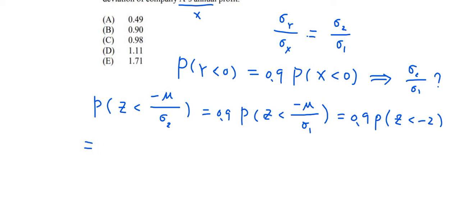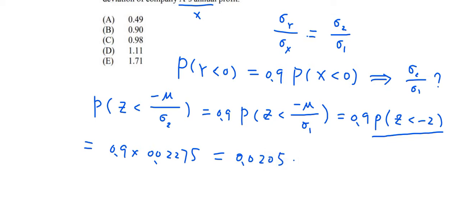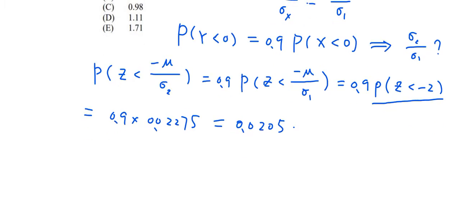So this equals 0.9 multiplied by 0.02275. We can check this from the normal table, and we find this probability equals 0.0205.